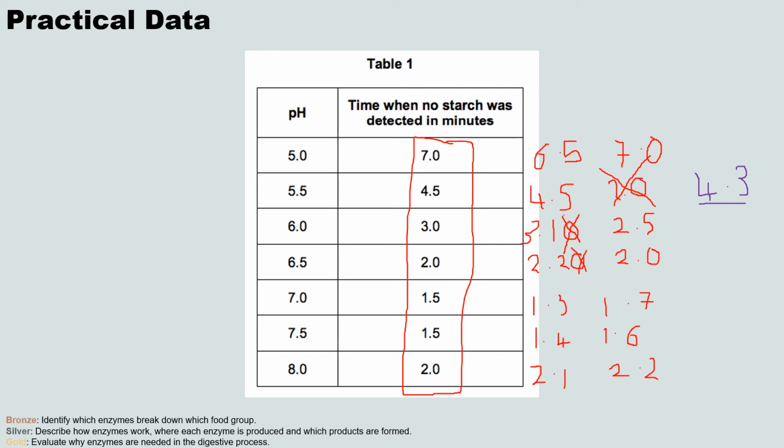This is something that you would do in the lab as well. So this is just mock data to give you an opportunity to calculate averages and also practice your graph plotting skills, which we looked at last lesson. Okay, so that's what you need to do, the averages and the graph.